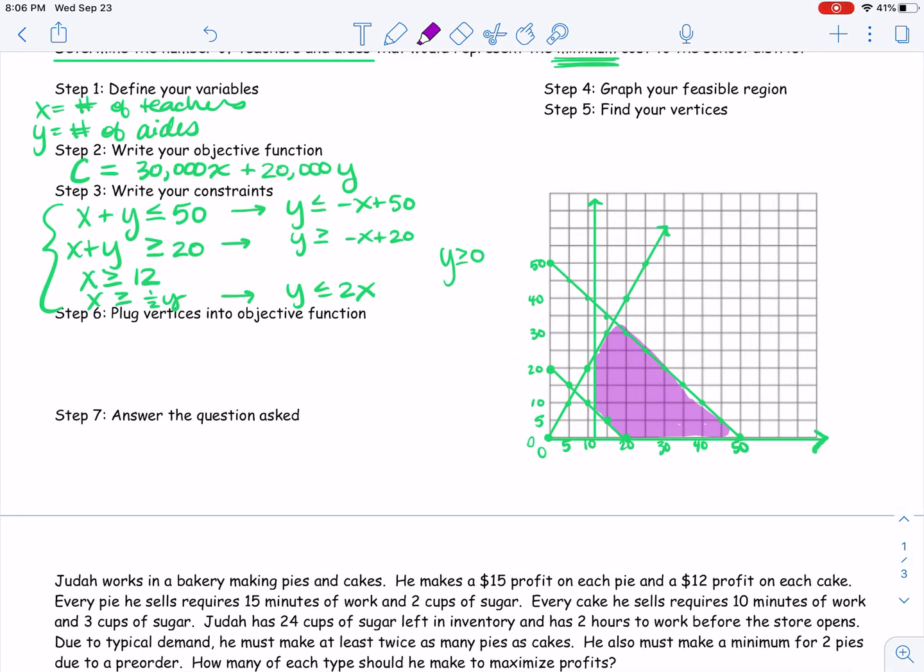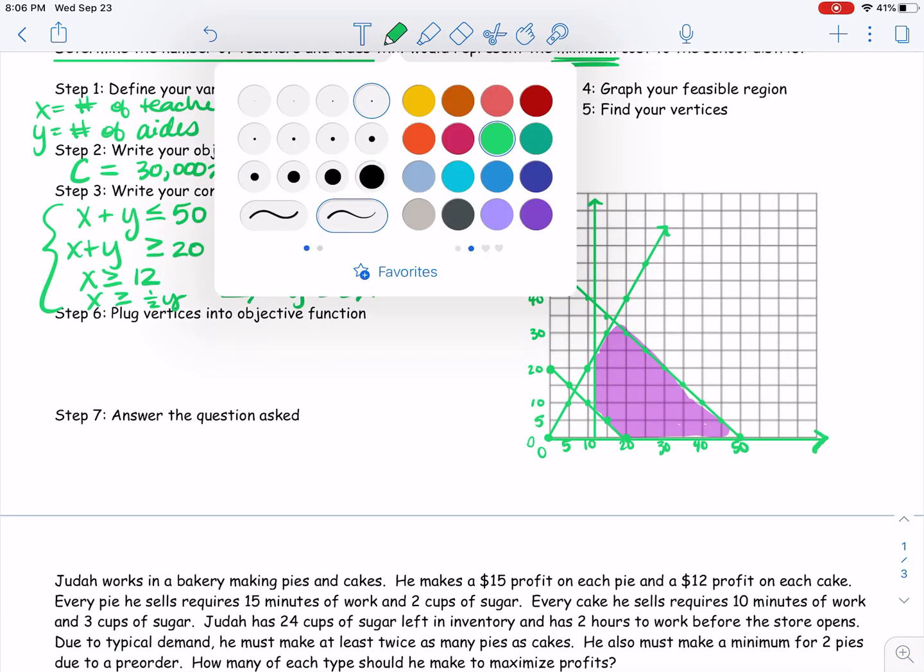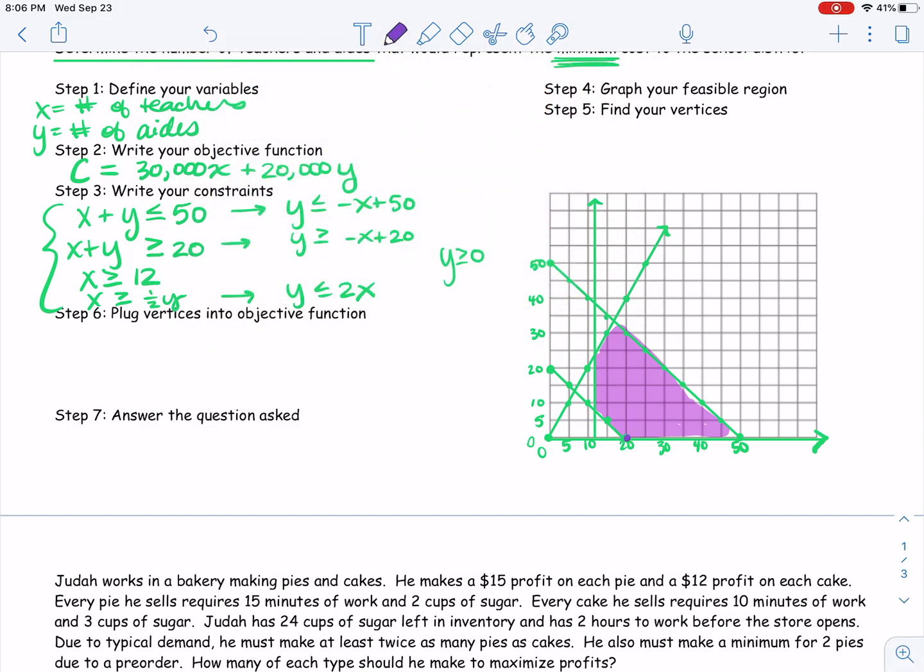So I need to write those vertices out. I have a vertex here, here, here, here, and here. Unfortunately for us, some of those are not at perfect grid lines. Some of them are. The easier ones, obviously, are 20, 0 and 50, 0.